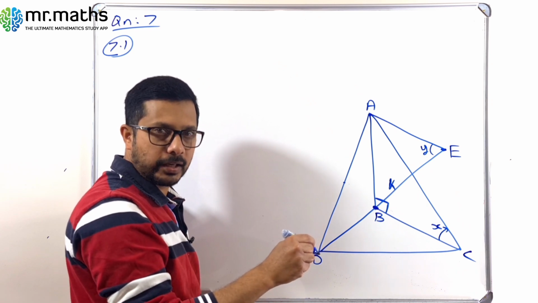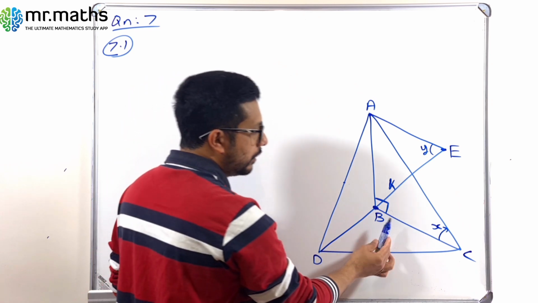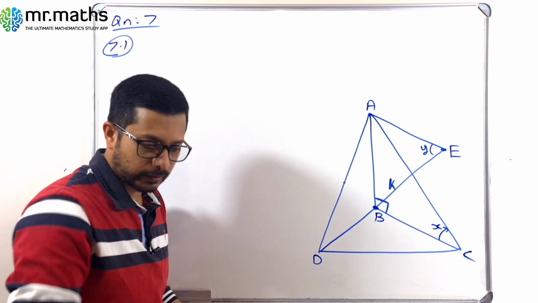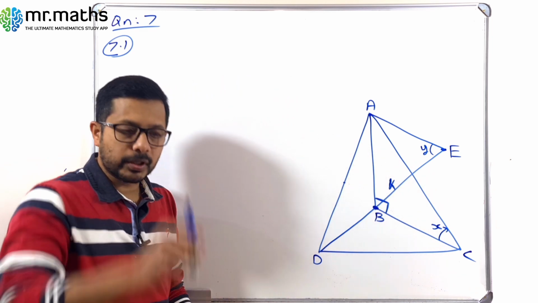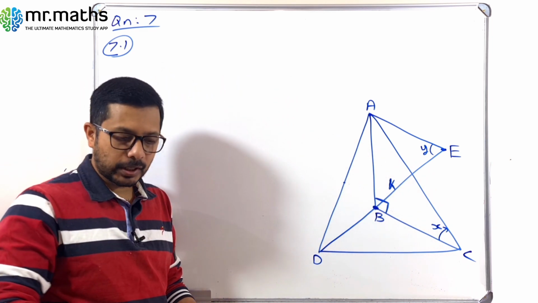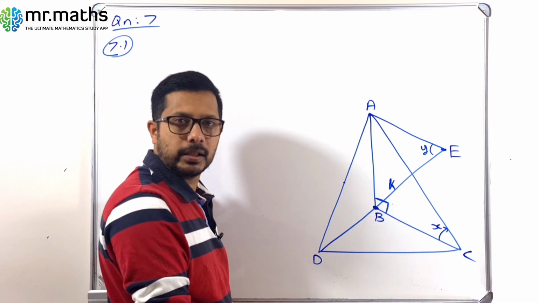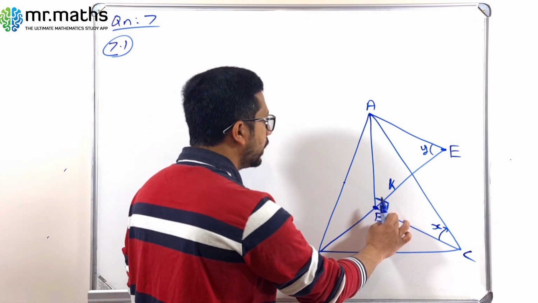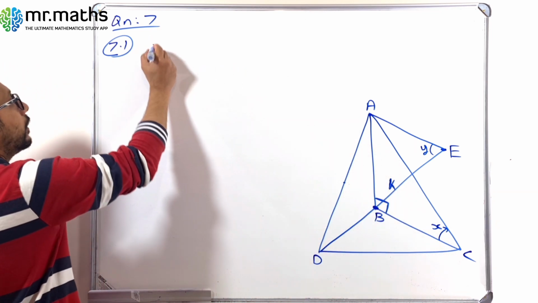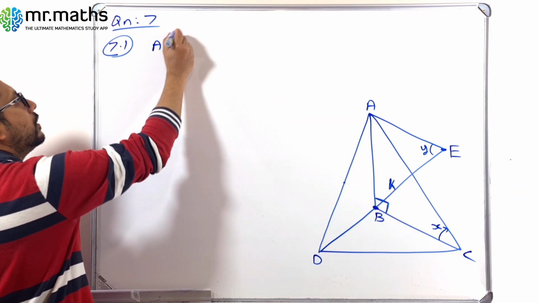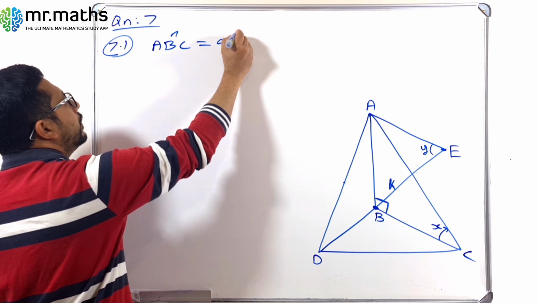That angle is 90 degrees. Am I right? This is horizontal, like the ground, and there is a vertical pole AB. So what is the angle between AB and the ground? Of course it's 90 degrees. So angle ABC is equal to 90 degrees.